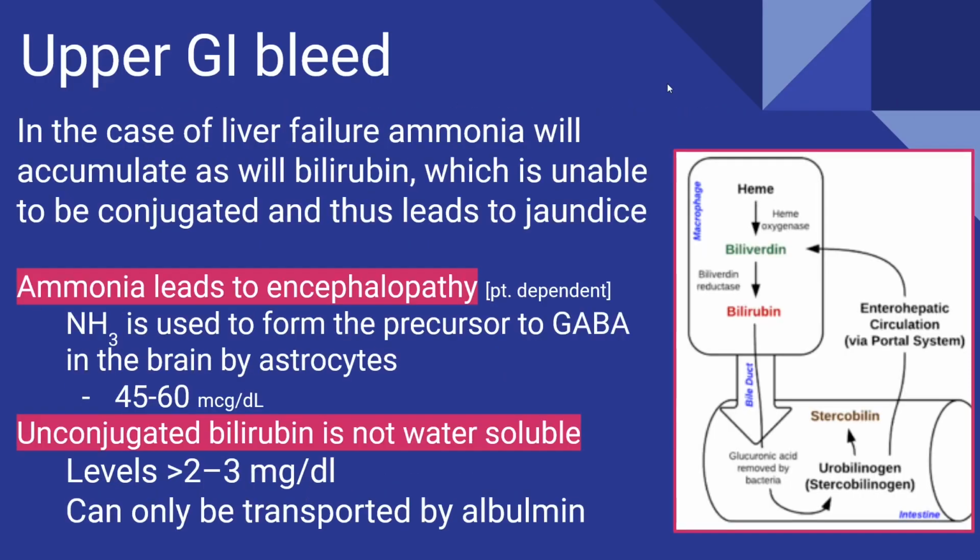So when we go back to the idea of liver failure patients with an upper GI bleed, two big things we're looking for as far as lab values are our ammonia and our bilirubin, specifically our unconjugated bilirubin. And what we're looking for is high levels or concentration of these two molecules. So ammonia, the reason why it leads to encephalopathy is actually patient dependent.